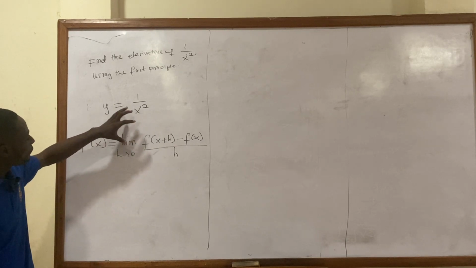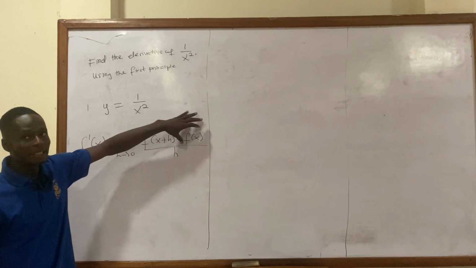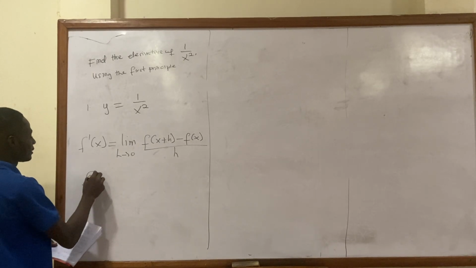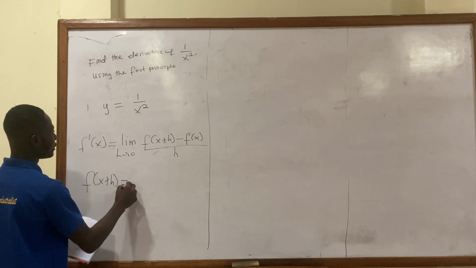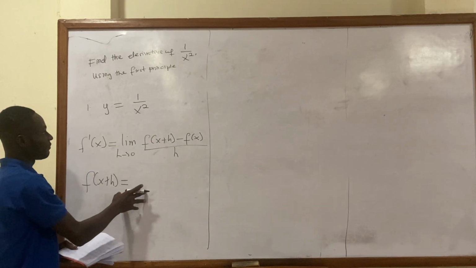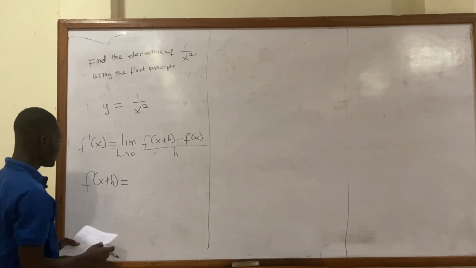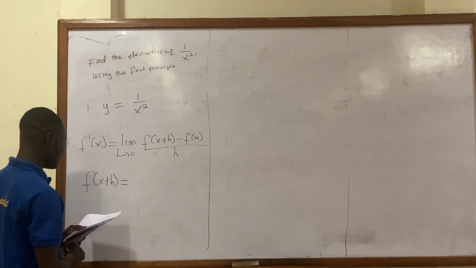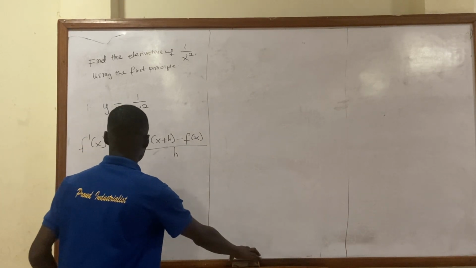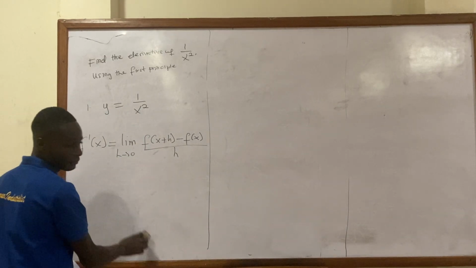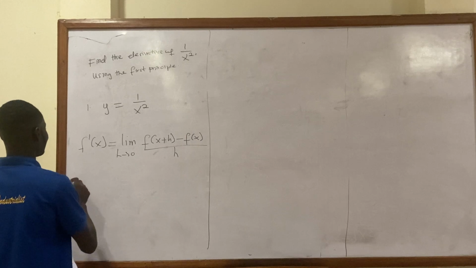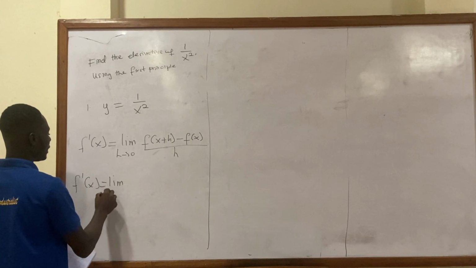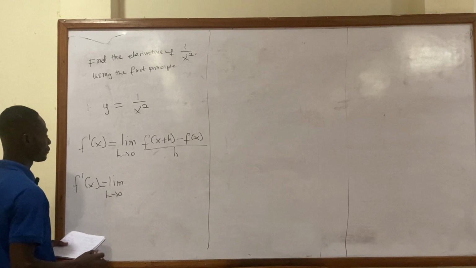So let's figure out this expression and that expression as well. So f of x plus h is equal to what? How do we find f of x plus h? That is very, very simple to do. We can say that our first principle is equal to the limit as h approaches 0.